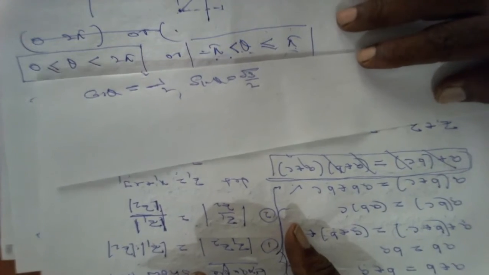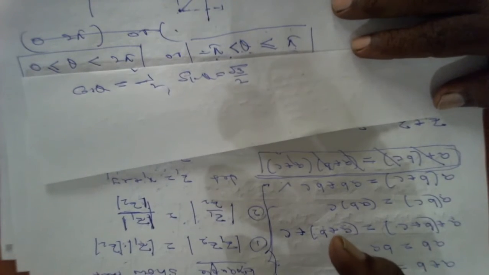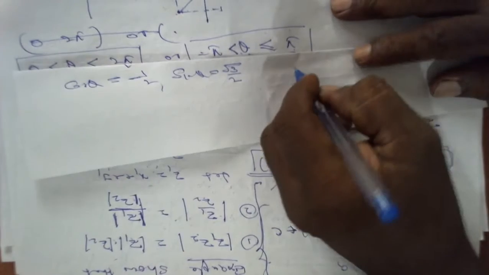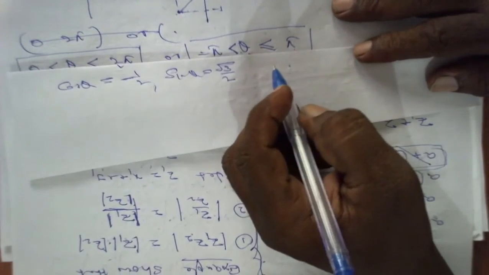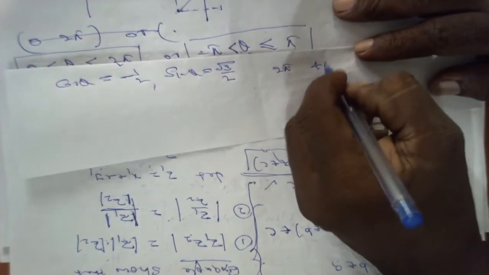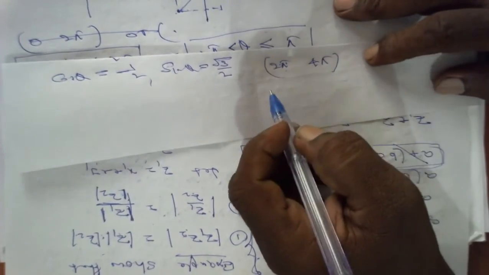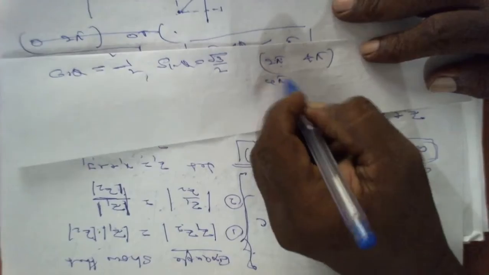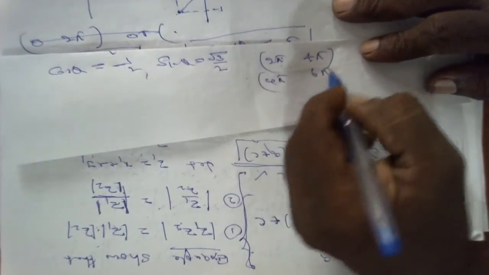Right? If you confine to one period or one circle, from 2 pi to 4 pi is one cycle, one period. Then 4 pi to 6 pi is also one period.